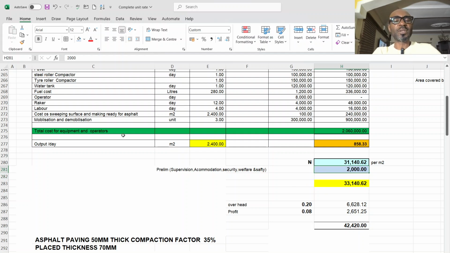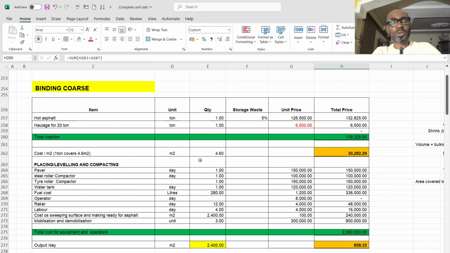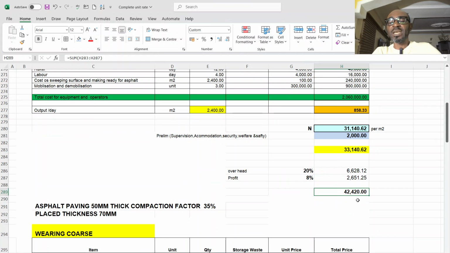So 2,000 is what, by the time you divide it by the quantum of job you want to do, is 2,000 square meter, since it is just the asphalt you are asked to come and lay. So you say 2,000, it gives you 33,000. Then your overhead is 20% of 33, which gives you 6,000, and your profit is 8%, which gives you 2,000.